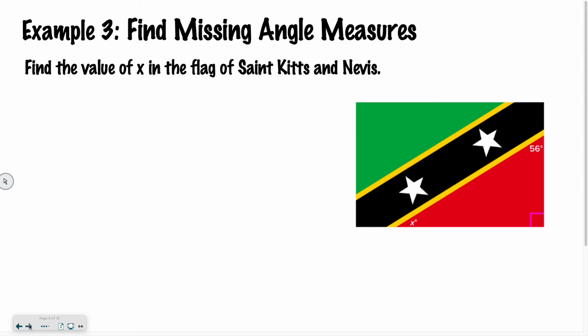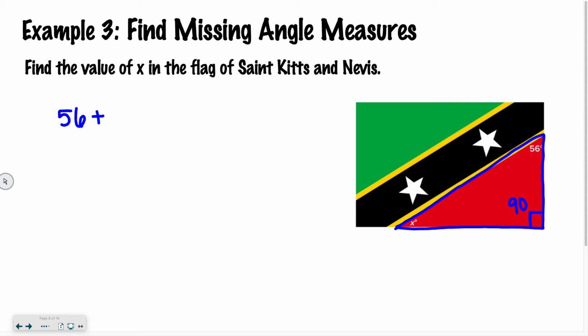St. Kitts and Nevis. So if I look at this triangle, I see I have the triangle going like this, and I want to solve for x. Okay, so in this triangle, I see I have a 56-degree angle. So I'm going to say 56 plus another angle I know. It doesn't have a number written, but it has this marker right here that tells me it is 90 degrees.